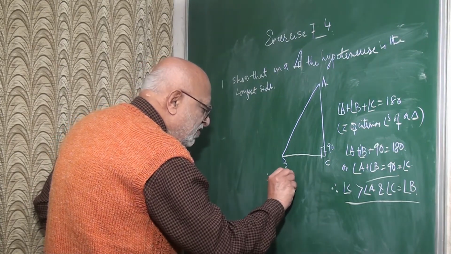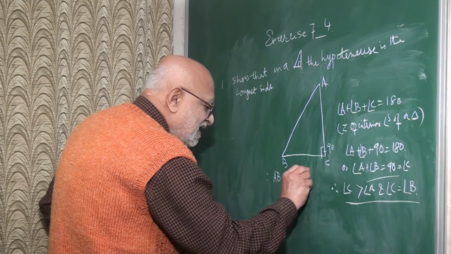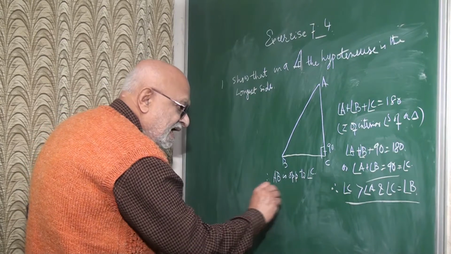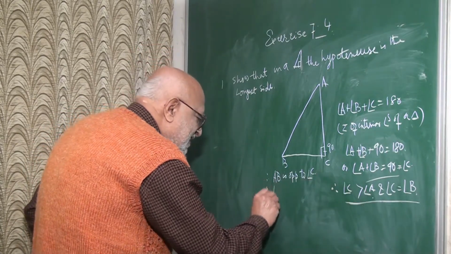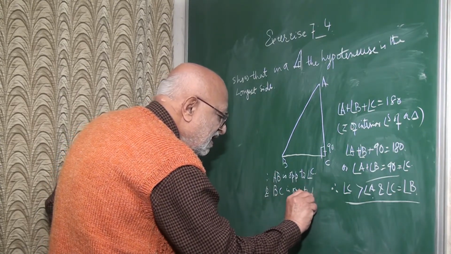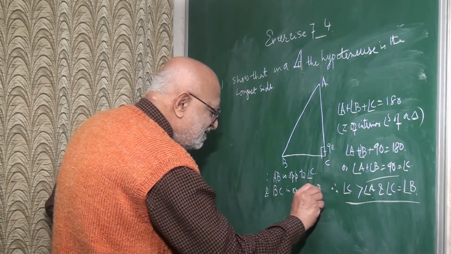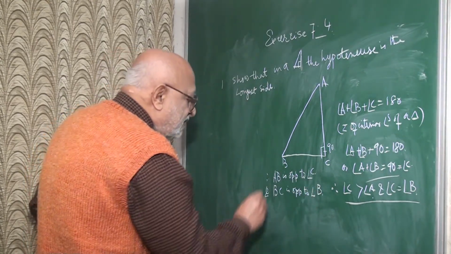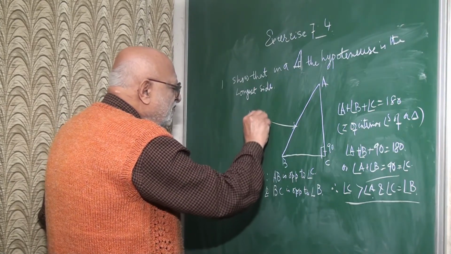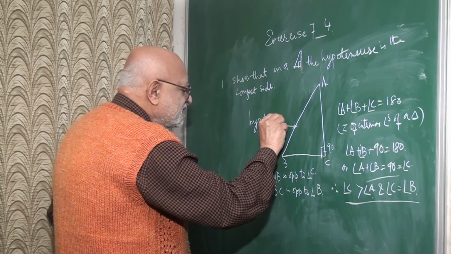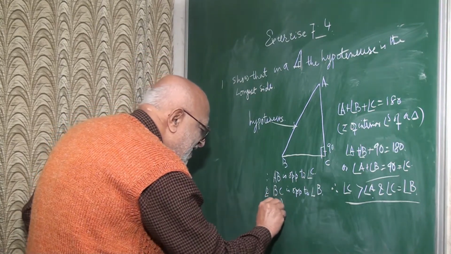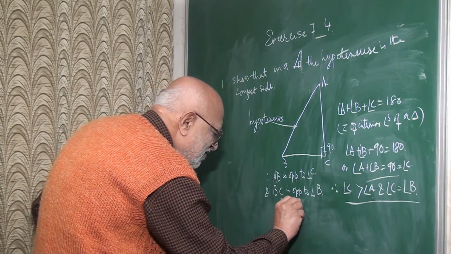AB is opposite to angle C, and BC is opposite to angle A. So AB is the hypotenuse. Since AB is opposite to angle C, and angle C is greater than angle A, AB is greater than BC.